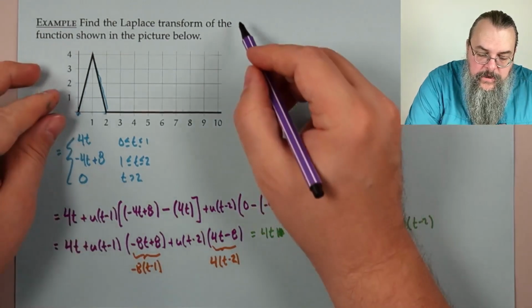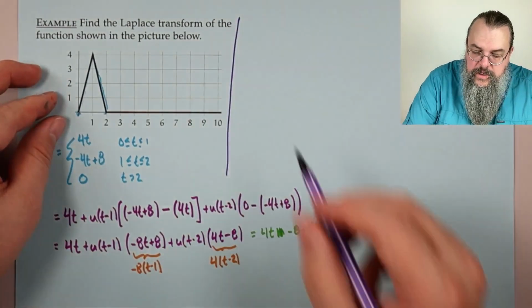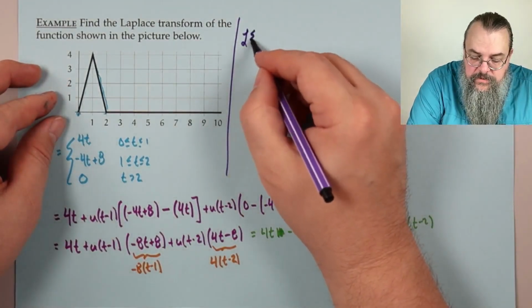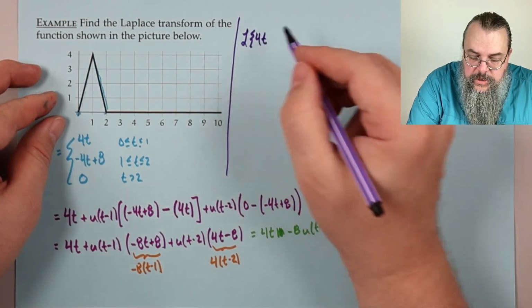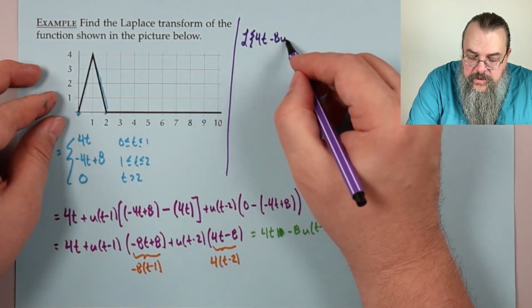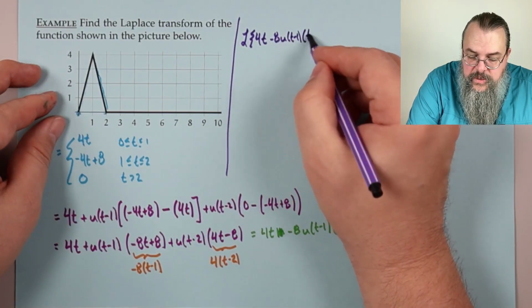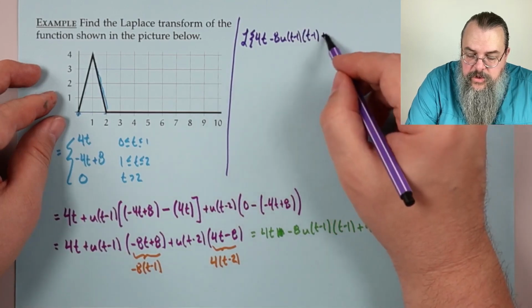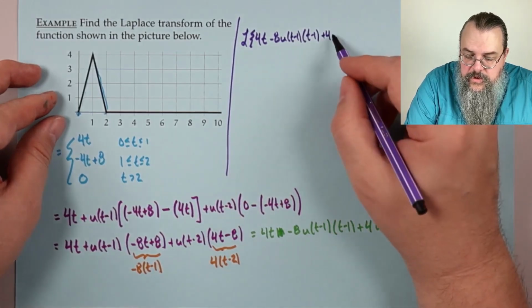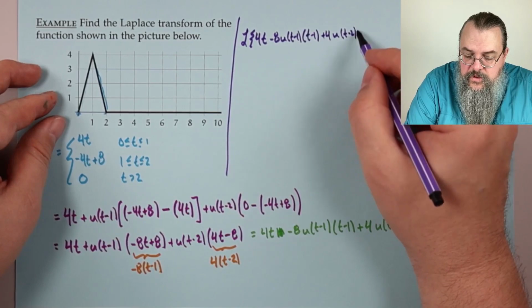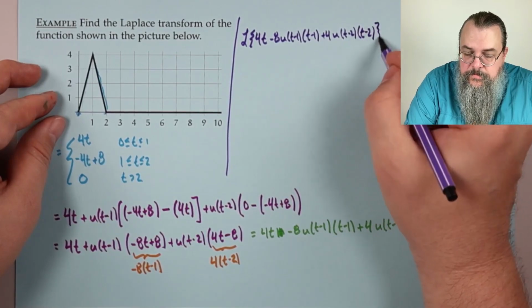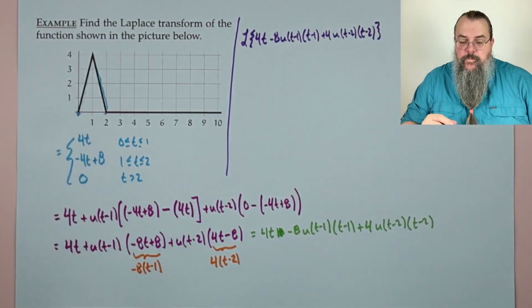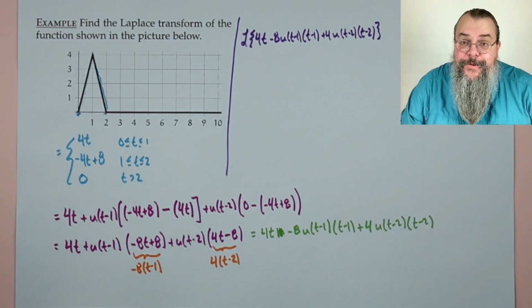We have that our Laplace transform is the Laplace transform of 4t minus 8 u(t minus 1) times (t minus 1) plus 4 times u(t minus 2) times (t minus 2). Okay? I'm just going to go through term by term.